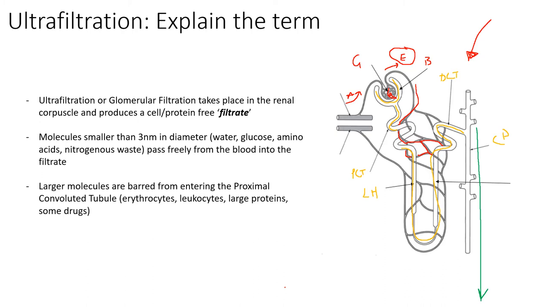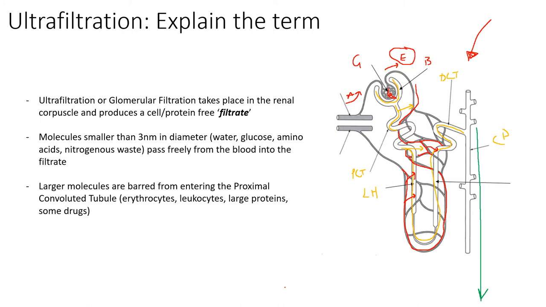I'm trying to shade it in here to show you, because remember what I said about the basic principles of the nephron: big things that are still left in the blood need to go back into the nephron. Waste products need to get put back into the nephron. But also, we've got a lot of stuff in this tube that we've filtered out that actually needs to get put back into the blood. We need to keep it. That's one thing that I really needed to mention before we move on.